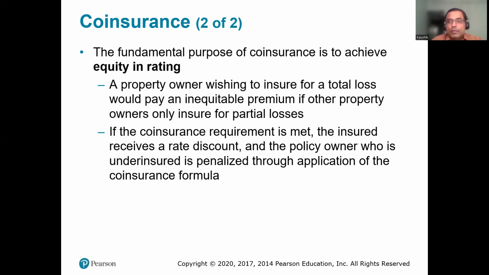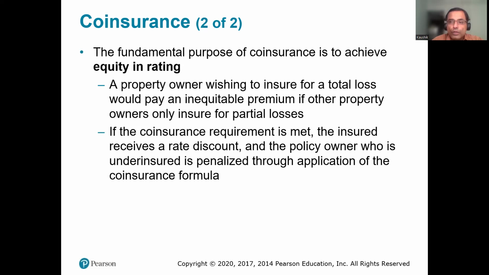So what is the objective of coinsurance? It tries to achieve equity in premium pricing. For example, most customers may go for partial insurance in their policy, partial losses insured, whereas certain owners may want to go for insurance of total loss.